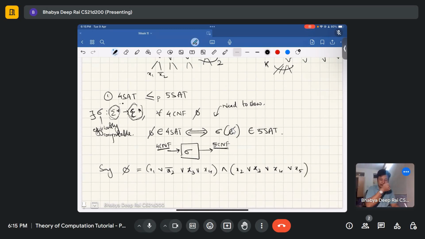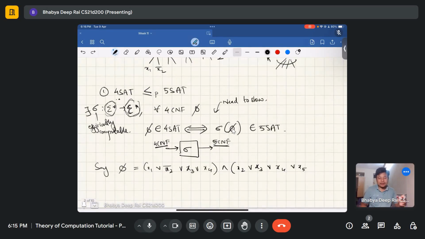Let's say this is a 5. I want to convert it into a 5 CNF so that the satisfiability is the same. What I mean by satisfiability being the same is, if phi is satisfiable, then the new formula that I create, let me call it phi prime, should also be satisfiable.